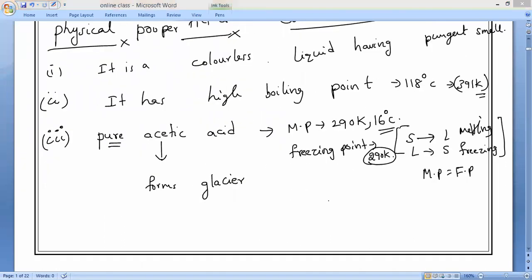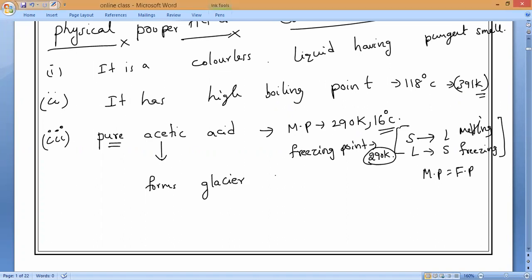Ice which is floating on drinking water. Do you know, everybody? So it freezes during the winter in cold climates. That is why it gives a solid structure called glacial acetic acid. It will be forming like a glacier.